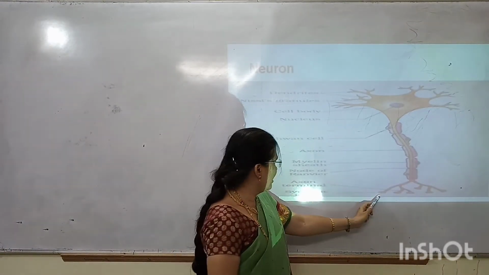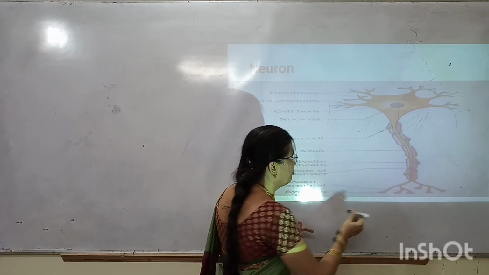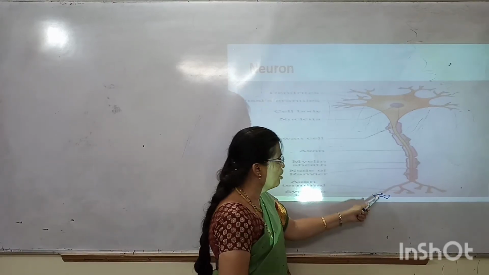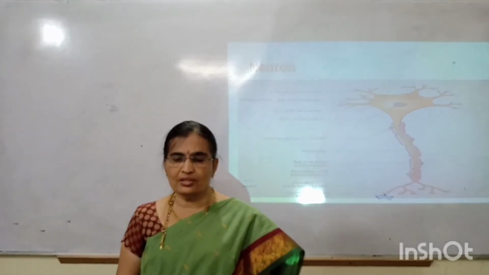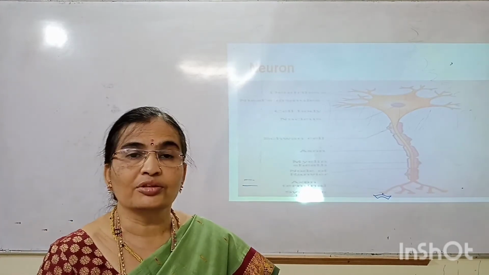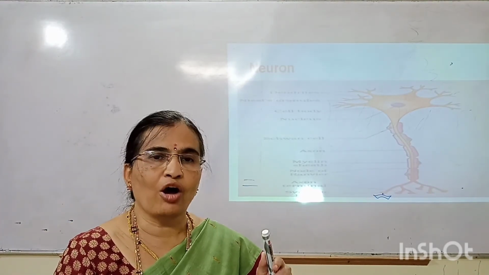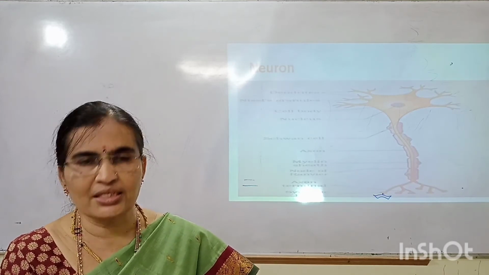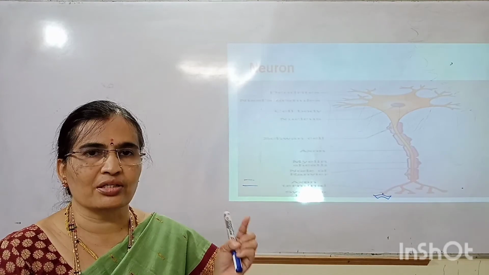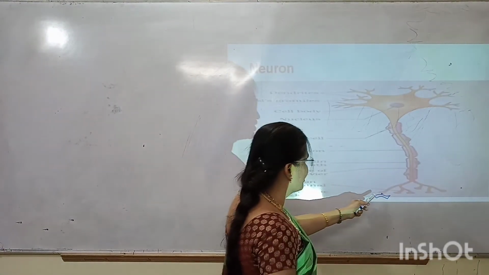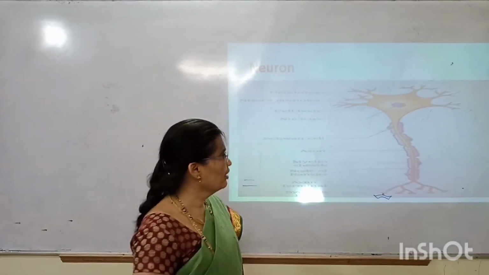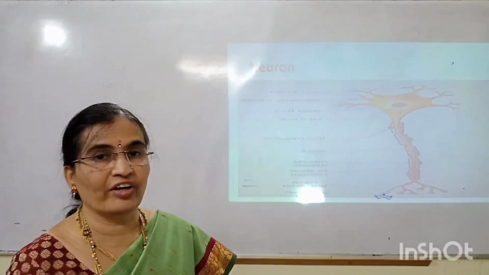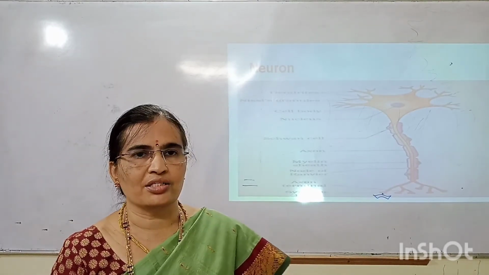Here is the synaptic nerve, and here muscles will be present, and this is called the neuromuscular junction. The functioning of this junction is affected because of the autoimmune disorder, and it leads to fatigue, weakening of muscles, and then paralysis of skeletal muscles. Fatigue means tiredness.